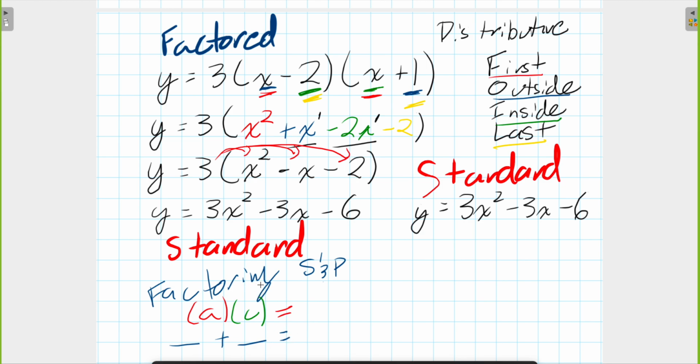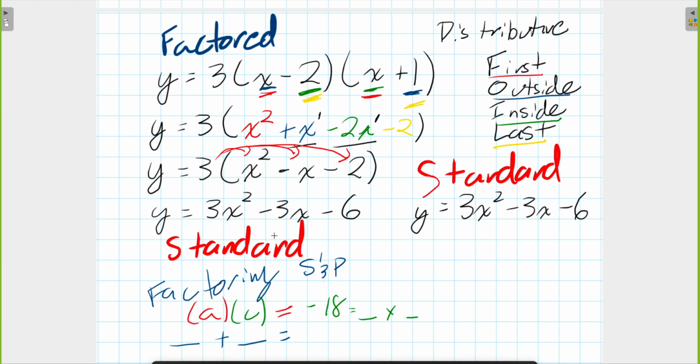So for instance, A times C in this case, we need two factors that equal A times C. And because in this case we have 3 times negative 6, that actually gives us negative 18, okay? So we need two numbers that also multiply to this negative 18 and add to our B term.